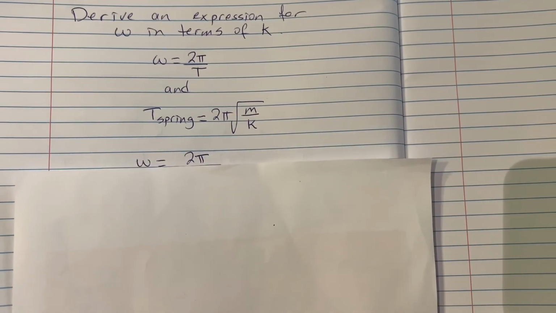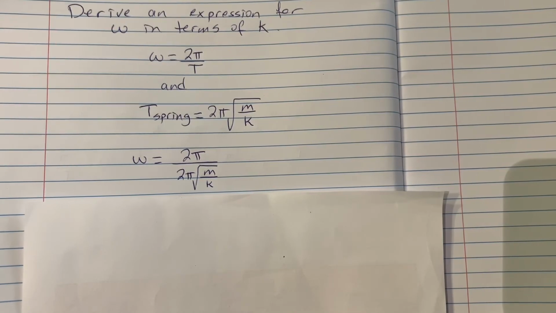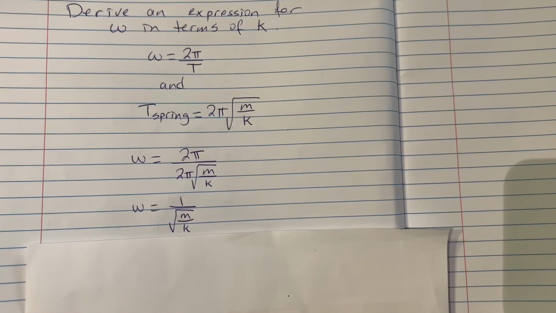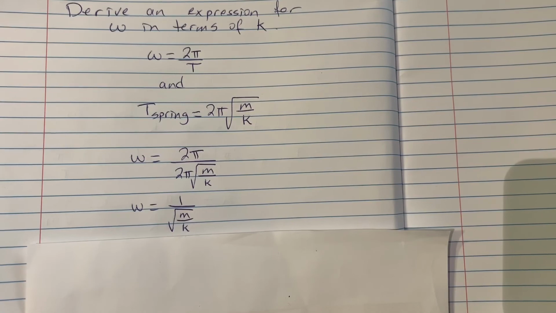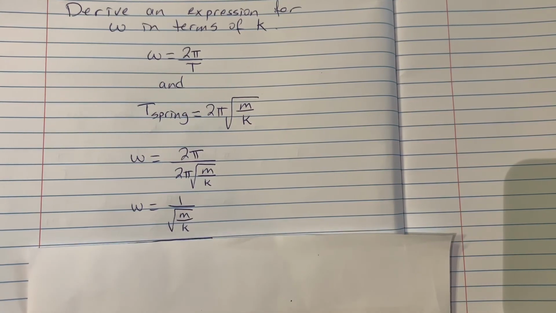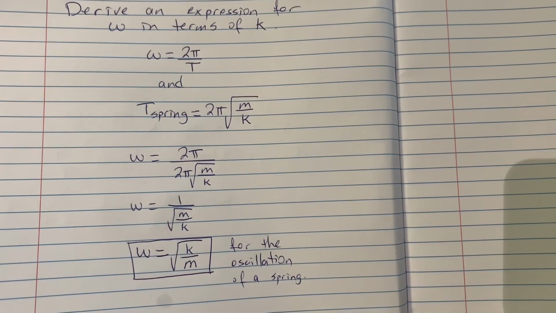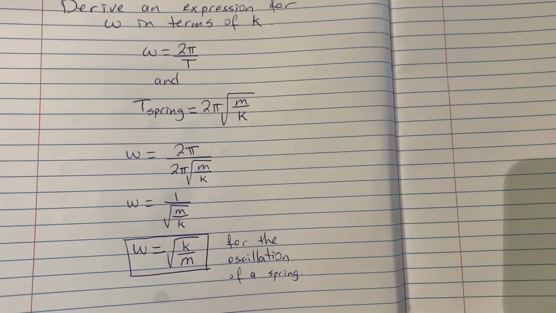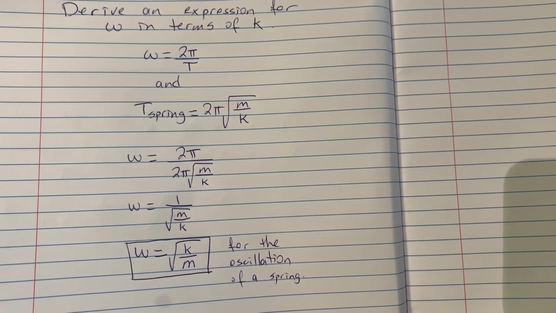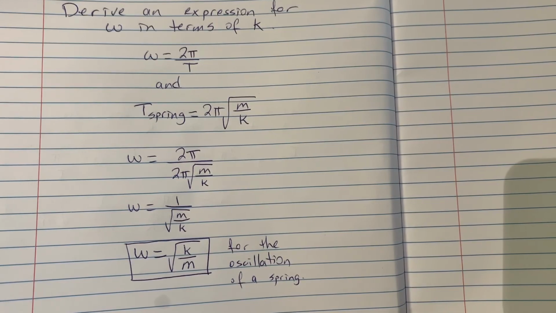Bringing those two together, if you substitute T in the omega formula and cancel the 2 pi's, you would end up with omega equals 1 over the square root of m over k. Rearranging that gives you omega equals square root of k over m for the oscillation of a spring.